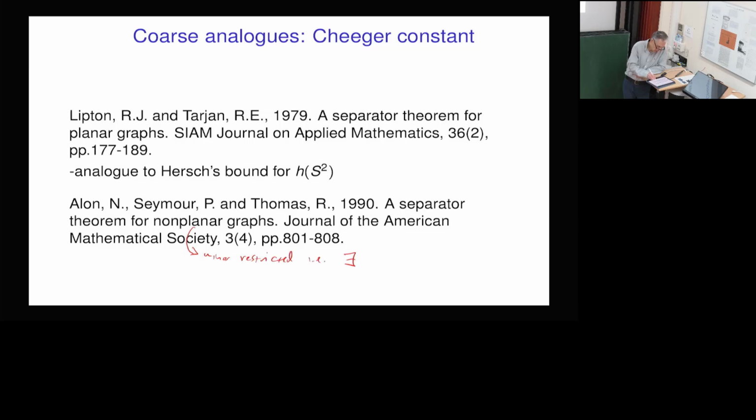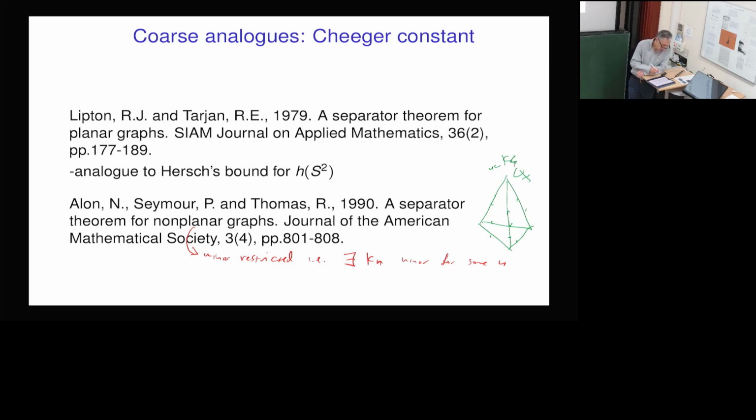Here there is no K_n minor for some n. A minor is like having a subgraph, so let's say this is K4, maybe subdivided. This is not contained in my graph, and I can define it for K_n.